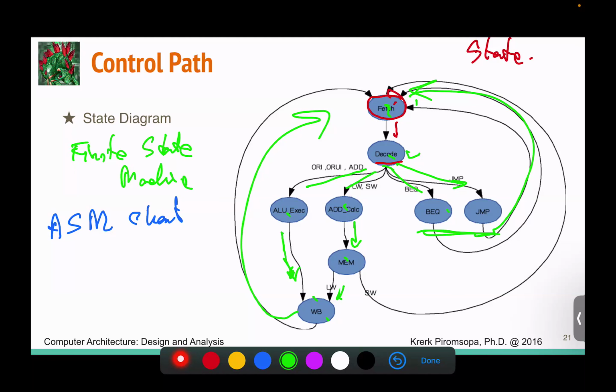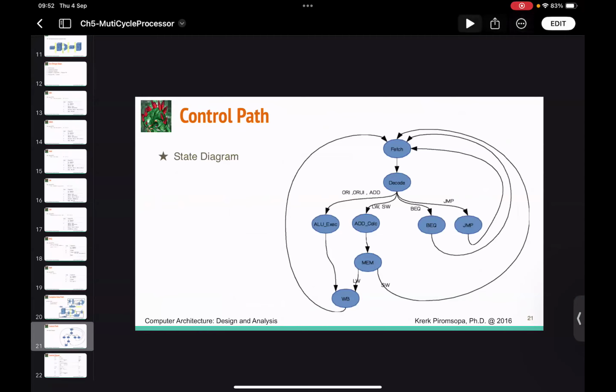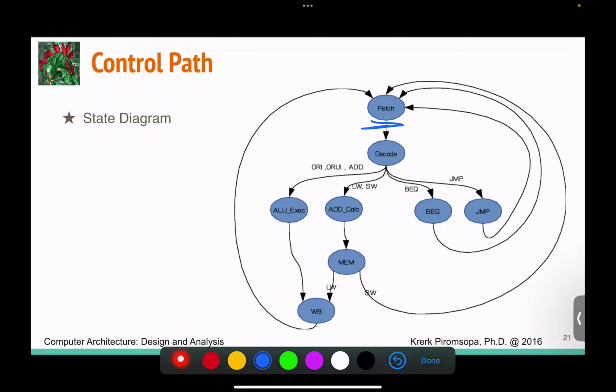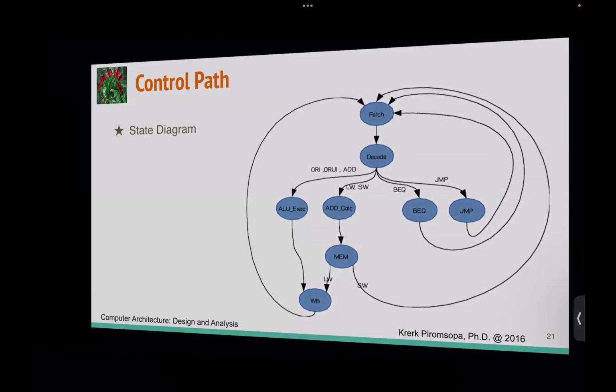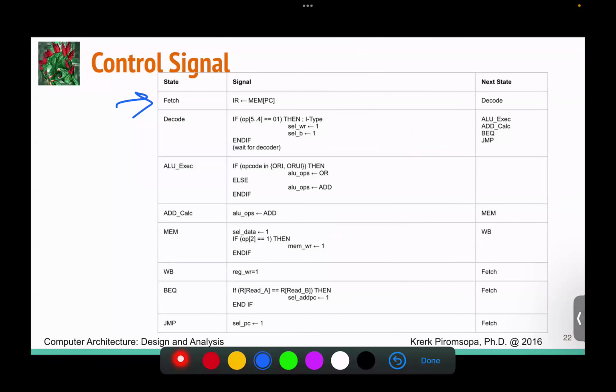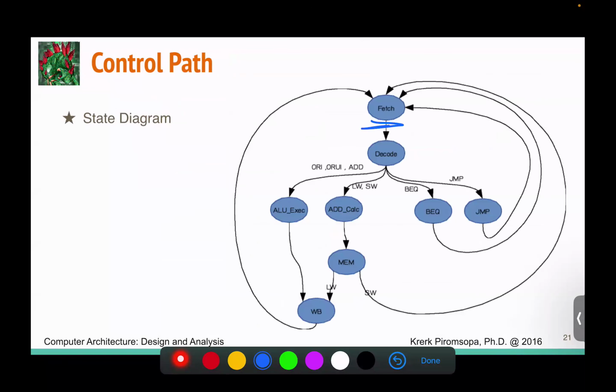And then you make a table, basically one line for each state, like fetch. What do you do in this state? So this is fetch, the signals that you have to do in this state. Then what is the next state? So basically this table, the control signal, explains the state machine here.